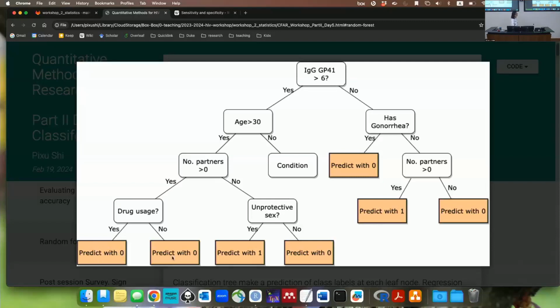Otherwise, it's 0. So the entire space of samples is partitioned into these boxes according to the value of the predictors in each node. And each partition is given a label based on how many cases there are. This is a classification tree.